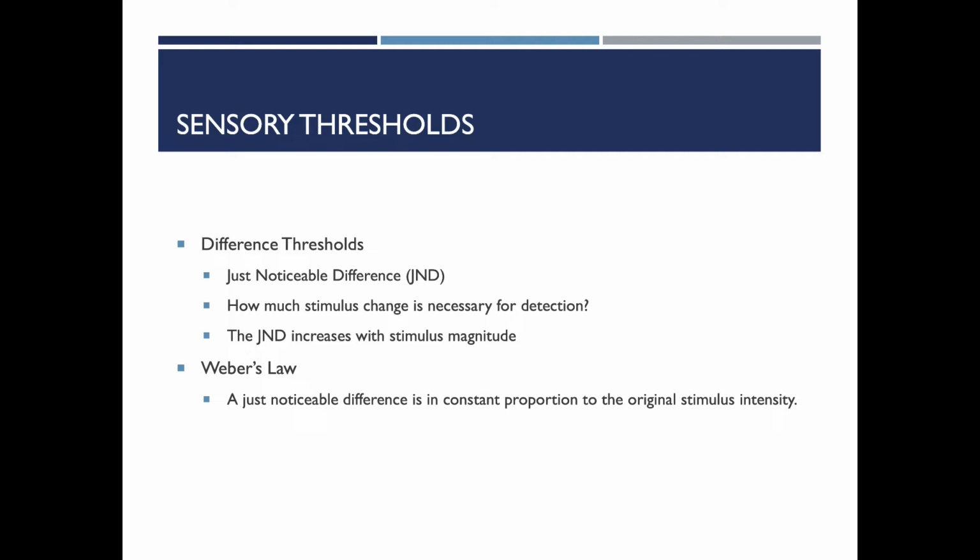Laws are theories that have graduated to a higher level because they've been demonstrated to be correct more often than not. So the just noticeable difference increases with the magnitude of a stimulus. What we mean by all of this is that the larger the initial stimulus, the larger the change has to be for you to detect a difference.